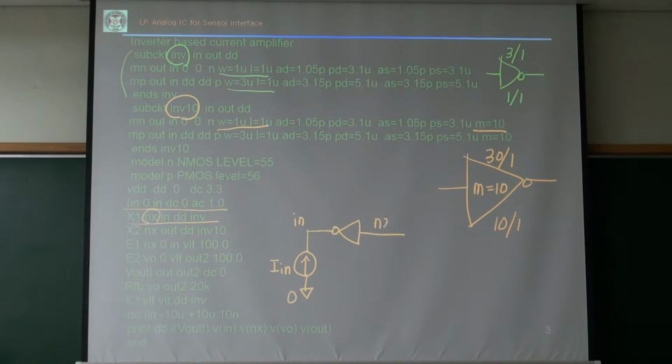So this is my inverter. And then I have another inverter, inverter 10. NX is the input, and this is my OUT. And I have an ideal amplifier. This is a controlling node, so it has IN as the positive, VLT.